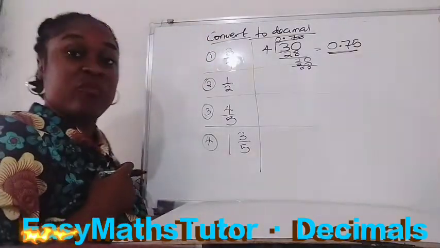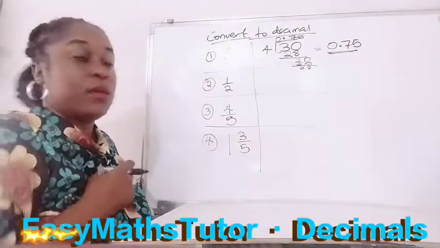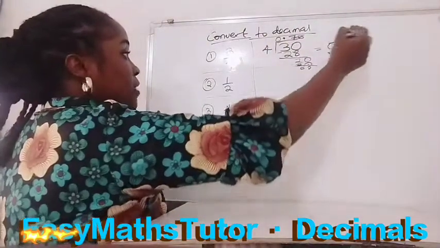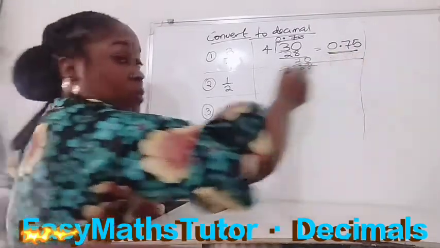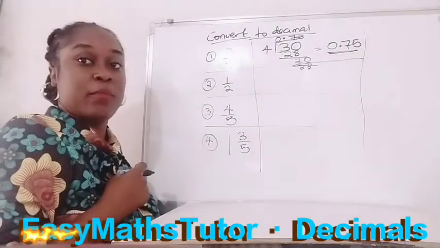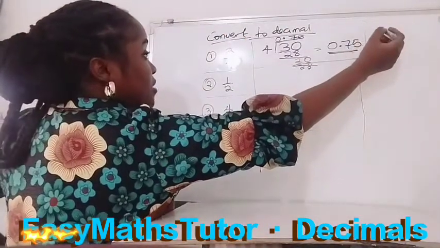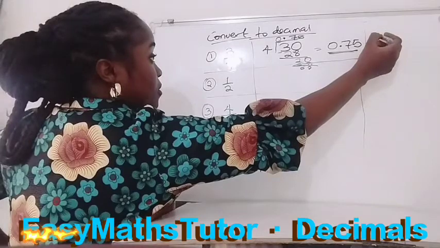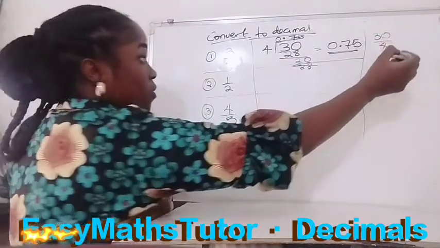So this is the decimal conversion of the fraction 3 over 4. Then, there is another method that I can use to get the decimal of 3 over 4. I usually do it like this. I will say 3, I'll put a 0 there and put 4.